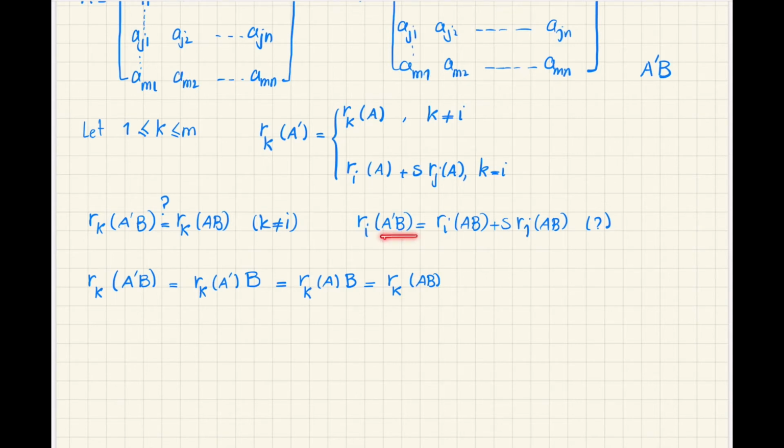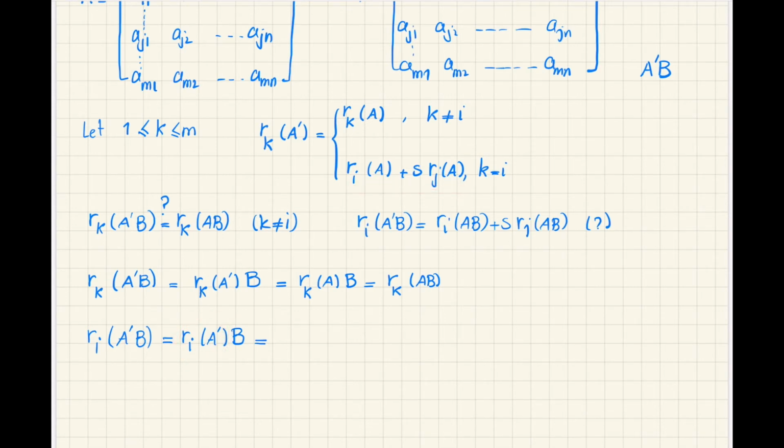But now let us concentrate on the second one. What happens if I want to calculate the ith row of this product? Again, because I want to calculate the ith row of a product, I will take the ith row of the matrix sitting on the left and multiply it by the whole matrix B. But now for the ith row, if k is equal to i, this means r sub i of A prime is equal to this. So instead of r sub i of A prime, I can replace this expression.